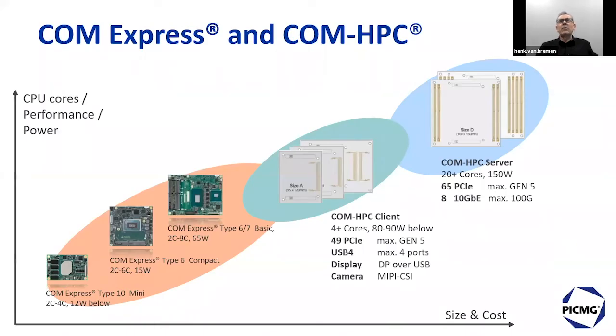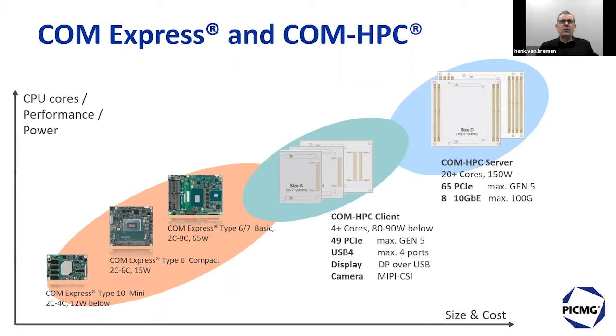So this chart shows the position that COM-HPC takes when we compare it to COM Express. Again, COM-HPC is not defined to replace COM Express, but merely to extend on it, moving into higher power and higher memory capacities. On the left side we see COM Express, which everybody knows: something like 12 watts for the mini size, 15 to 25 watts for the compact size, and around 60 watts nowadays for the COM Express Type 6 and Type 7 basic size.